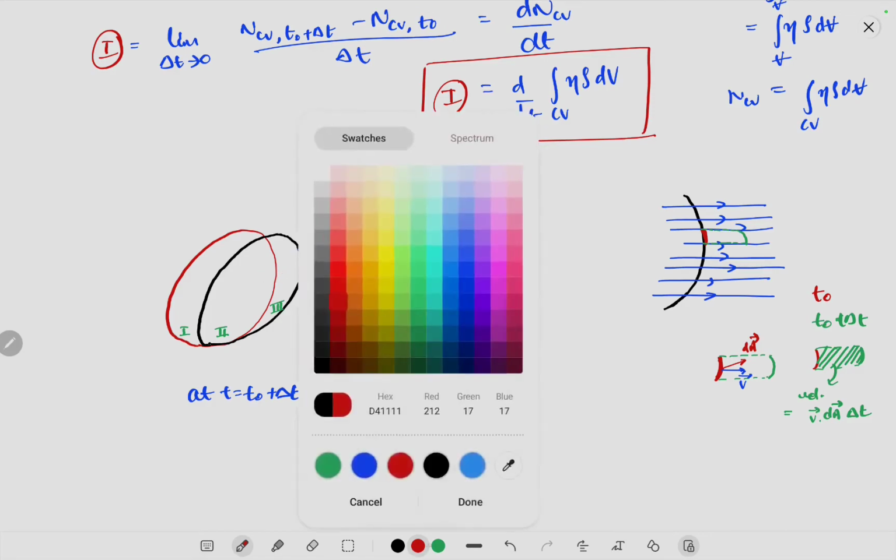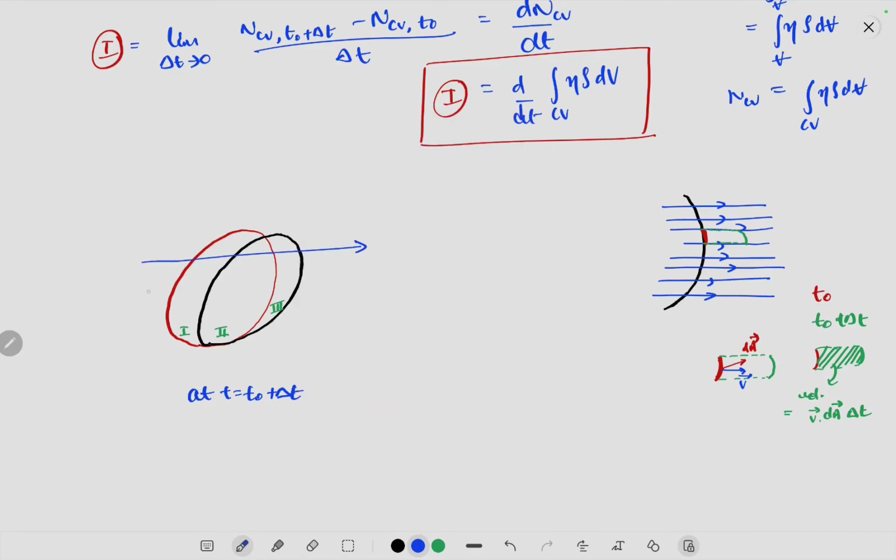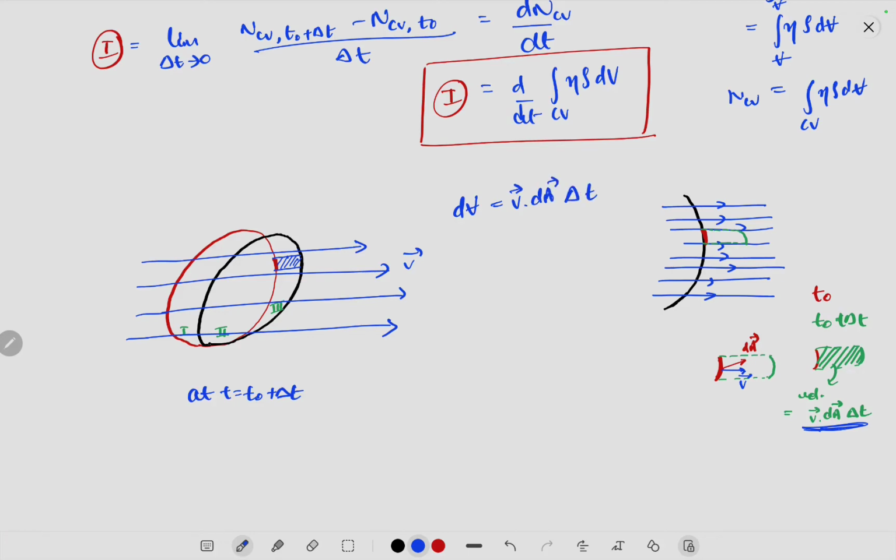If your velocity flow field is like this, and I consider an elemental area like this, and I ask you what would be this volume, your answer would be that this small volume dV would be simply V dot dA delta t, where dA is the elemental area vector on this surface. Correct?